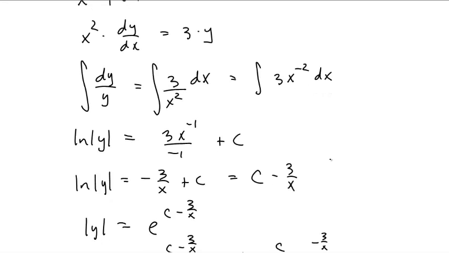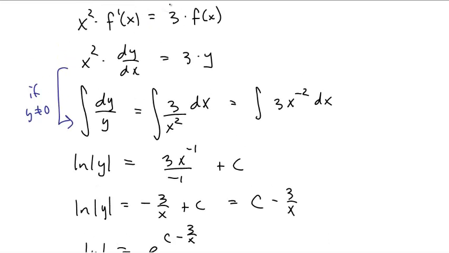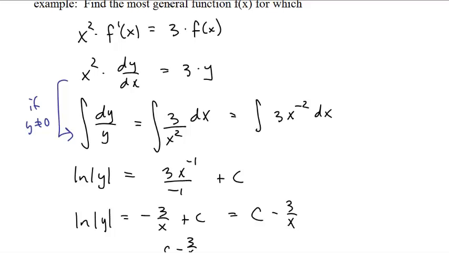Over here, when I went from here to here, I divided both sides by y. That can only be done if y is not 0. If your original function, the function that you're looking for, is not 0. And here we say, well, wait a second. If y equals f of x is 0, this works.